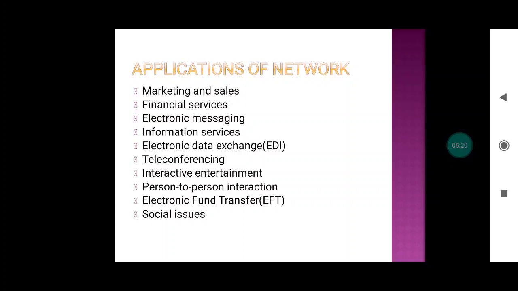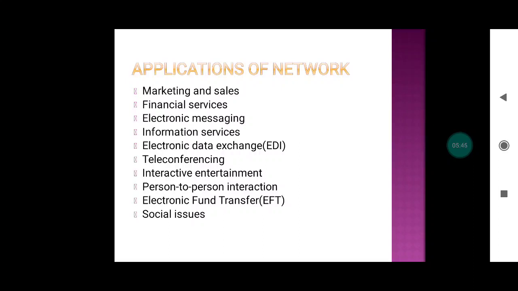Then financial services like online banking and different financial institutions, like the payment of any bill or any payment we need to perform, the withdrawal and the deposit of any money or check. All these financial activities can be conducted online.